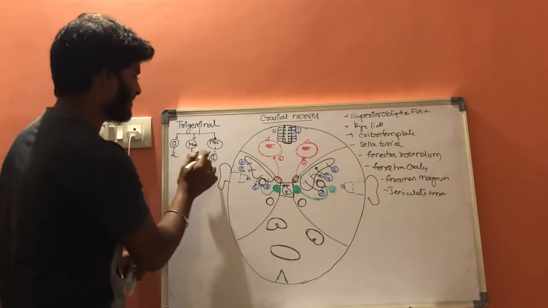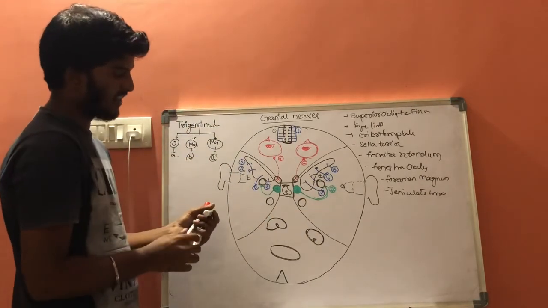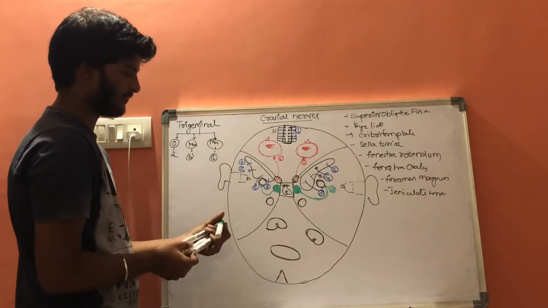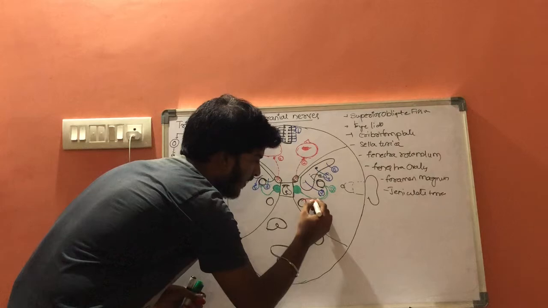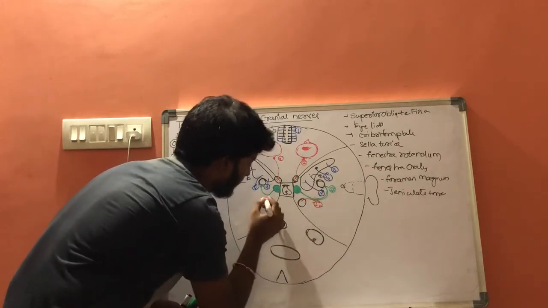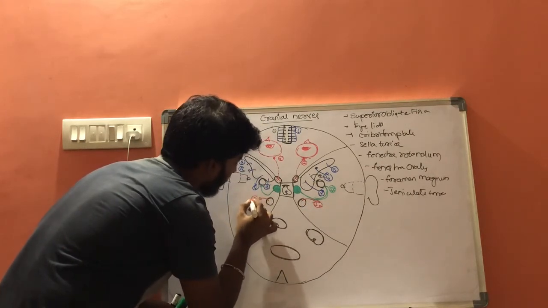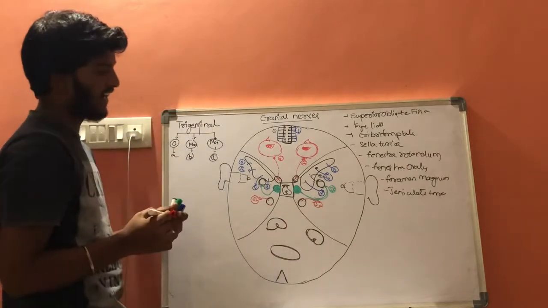Now what about the 5C type? This C type is coming from the foramen ovale. These are 5C type, and 5A type.